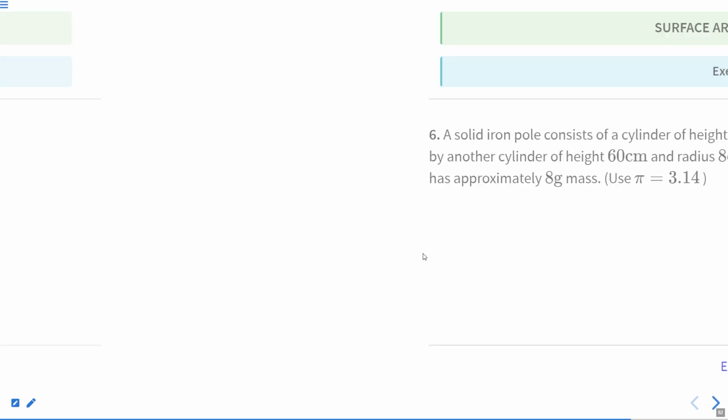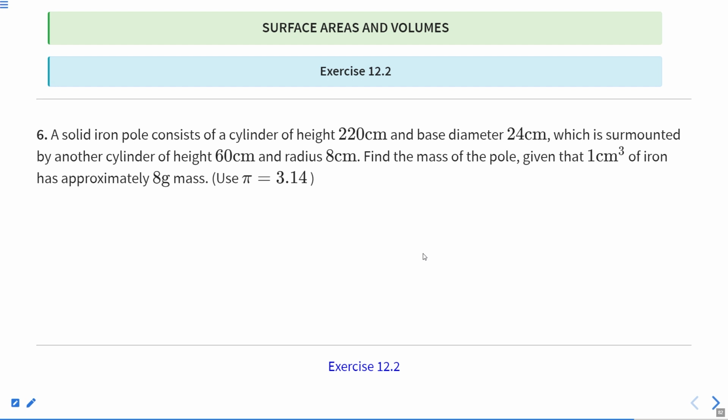Okay, and now let us move to question number 6. Here we have a solid iron pole consisting of a cylinder of height 220 centimeter and base diameter 24 centimeter, which is surmounted by another cylinder of height 60 centimeter and radius 8 centimeter. We need to find the mass of the pole, given that 1 centimeter cube of iron has approximately 8 gram mass.